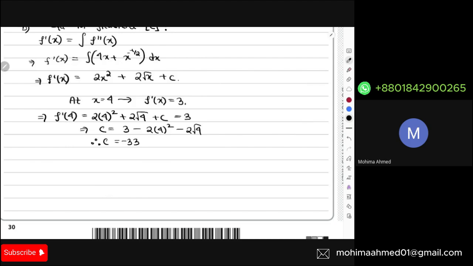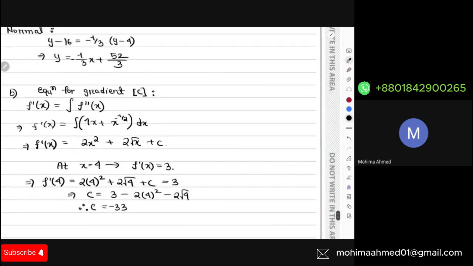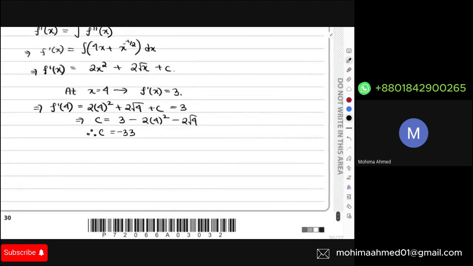If the value for your c is negative 33, then finally you can write the equation for your gradient properly. f'(x) is actually now 2x squared plus 2 root x minus 33.